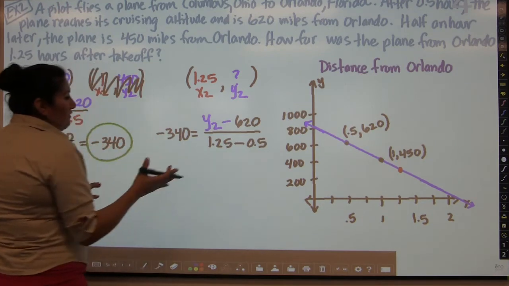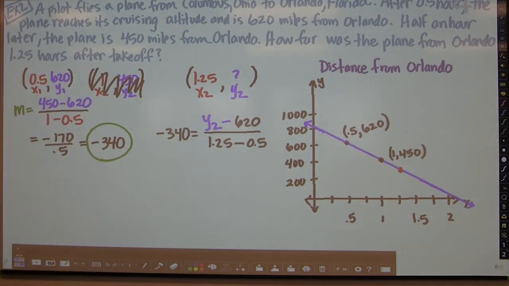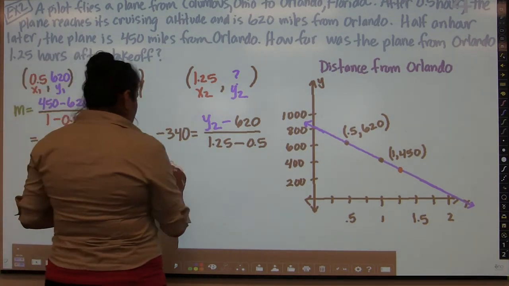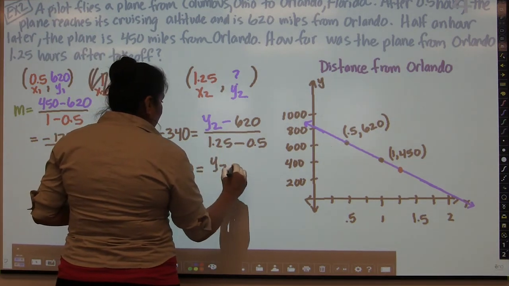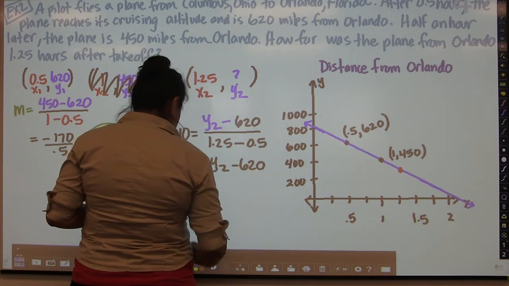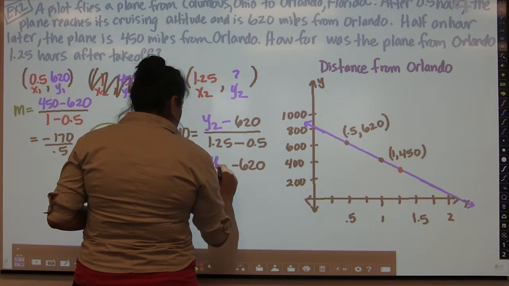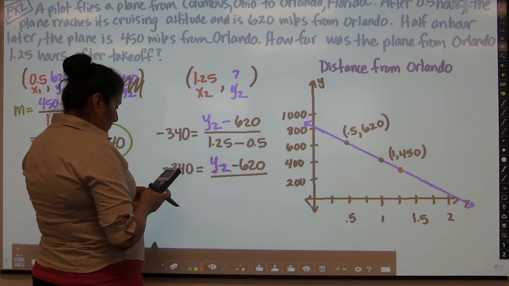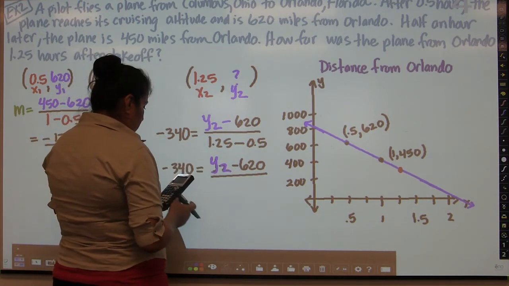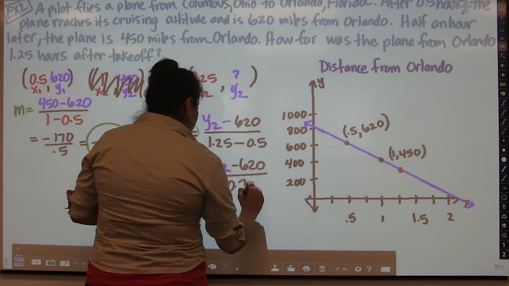And now we're going to solve this equation, basically going backwards, right? So we have negative 340 equals y2 minus 620. We want to keep our y2 blue here. And then 1.25 minus 0.5 is 0.75.